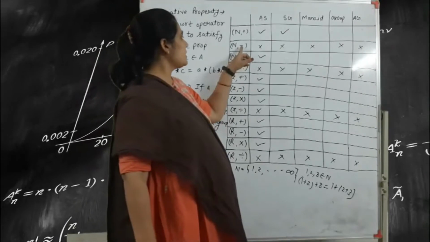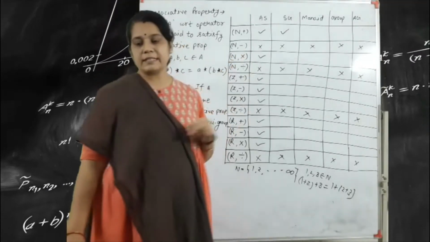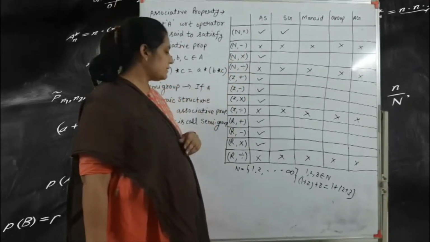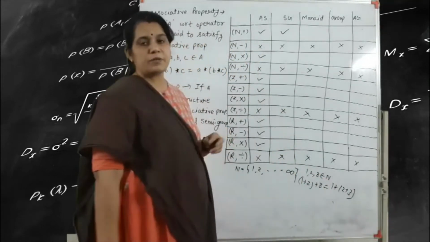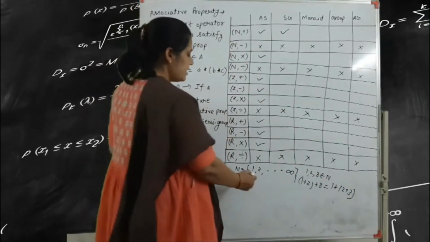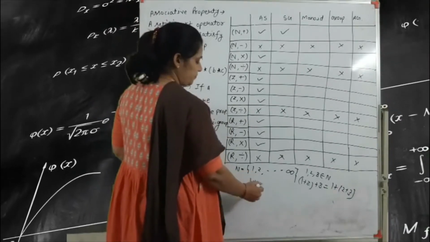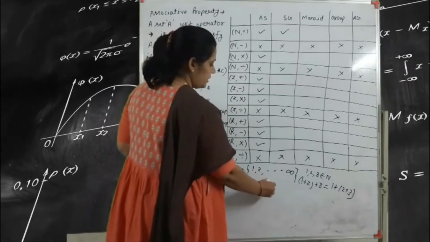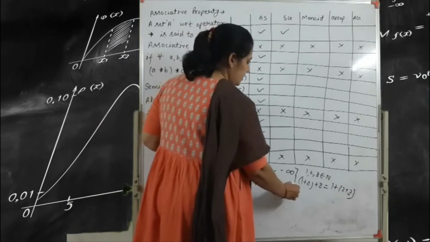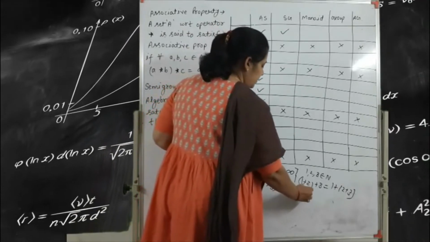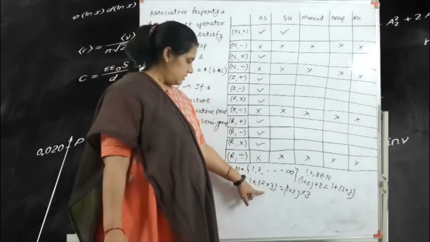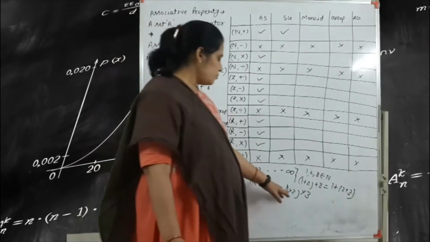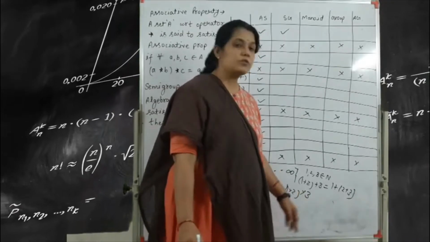Next one is N multiply. For example, we use 1, 2, 3 belonging to N. So (1 into 2) into 3 is equal to 1 into (2 into 3). Here 2 into 3 is 6, and 6 into 1 is 6. On the other side, 1 into 2 is 2, into 3 is 6.